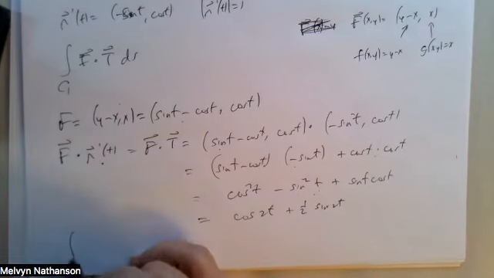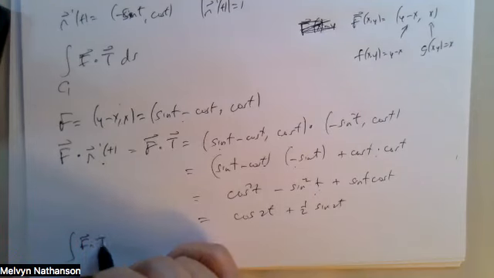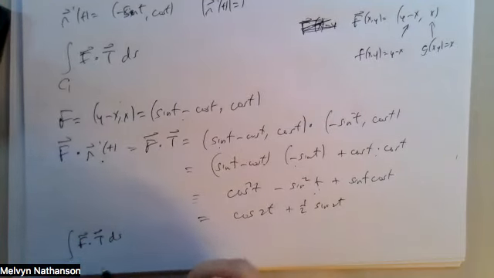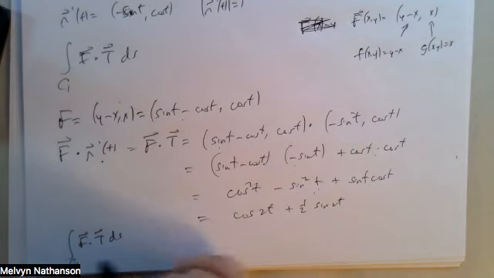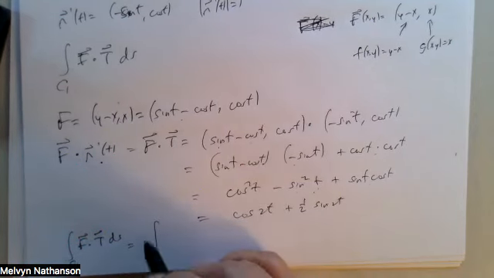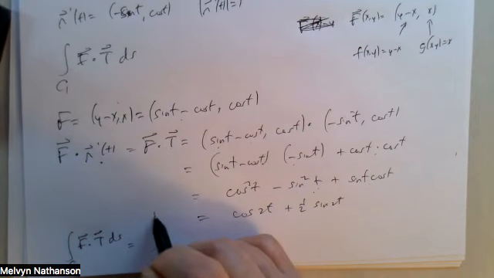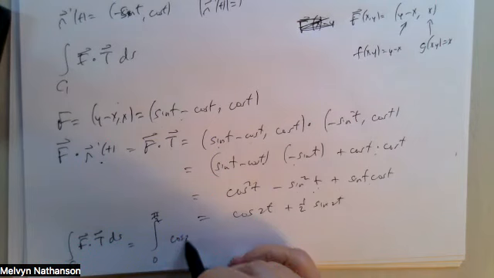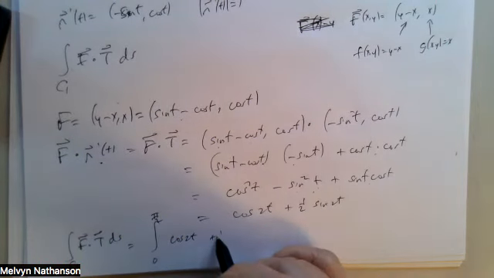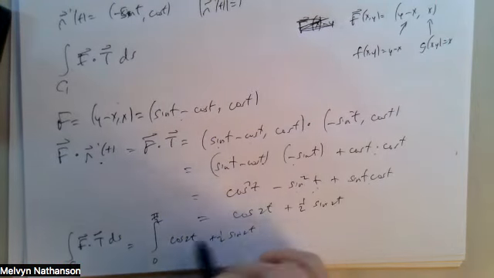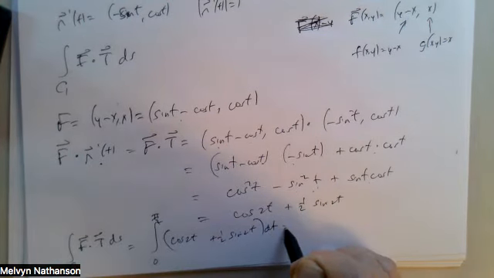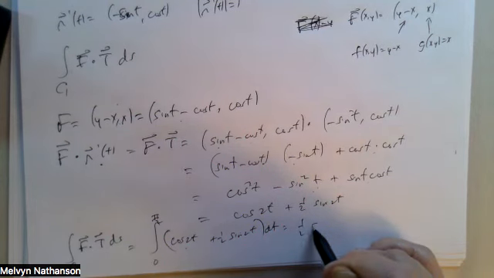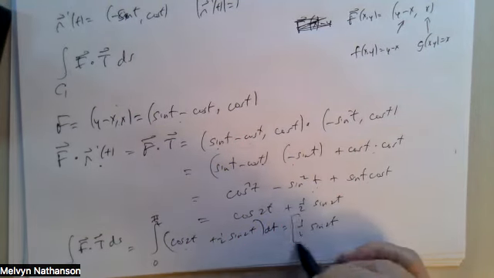So my integral, f dot t ds, along this curve C1, is the integral from 0 to pi over 2 of cosine 2t plus a half sine 2t dt. The integral of cosine 2t is a half sine 2t.